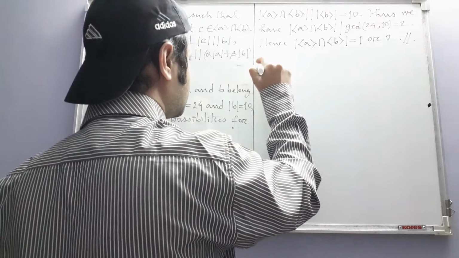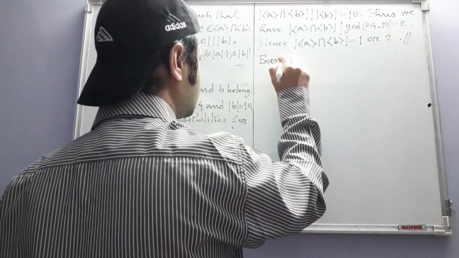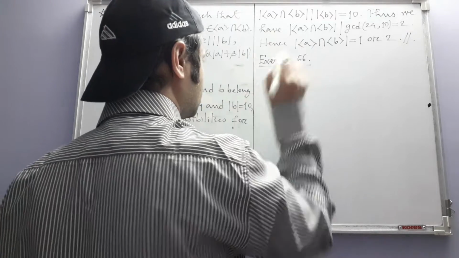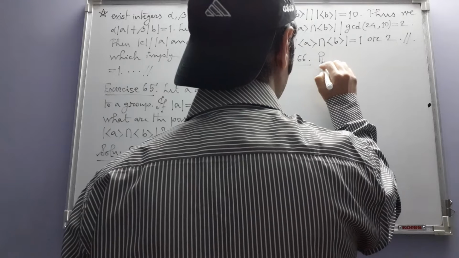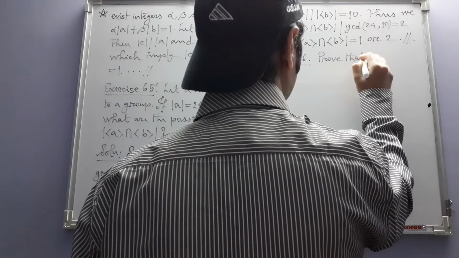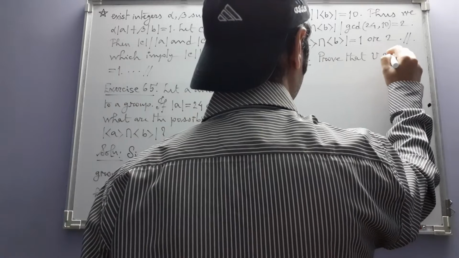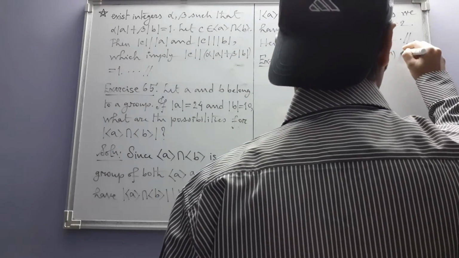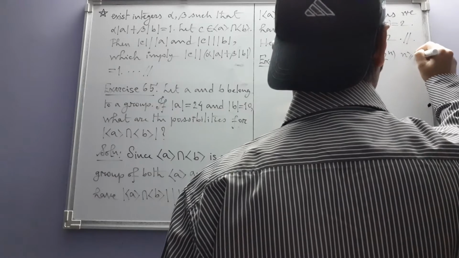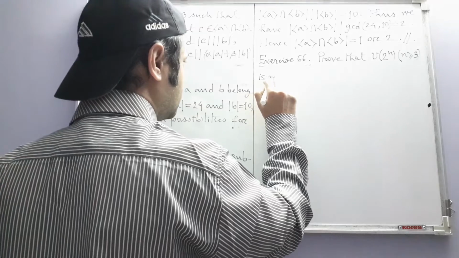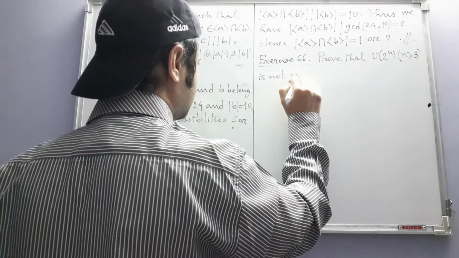66. Prove that the group U(2^n), where n is at least 3, is not cyclic.